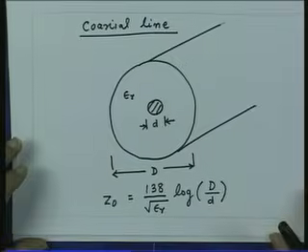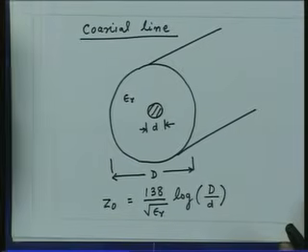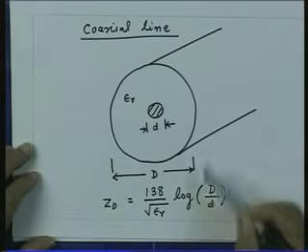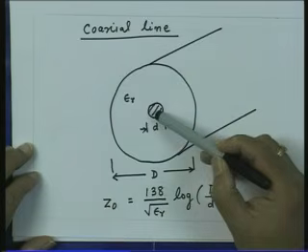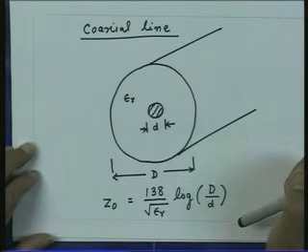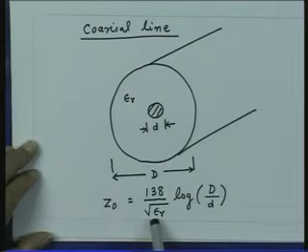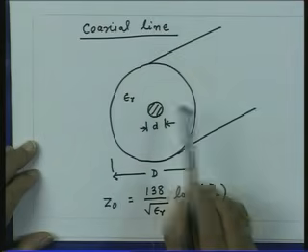So the characteristic impedance for a coaxial line depends upon three things: the ratio of the outer and the inner diameter of the conductors, and the dielectric constant of the medium filling the coaxial cable.